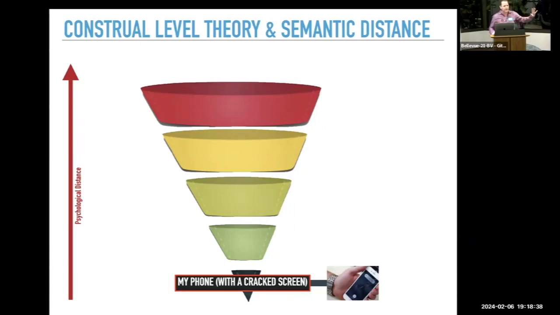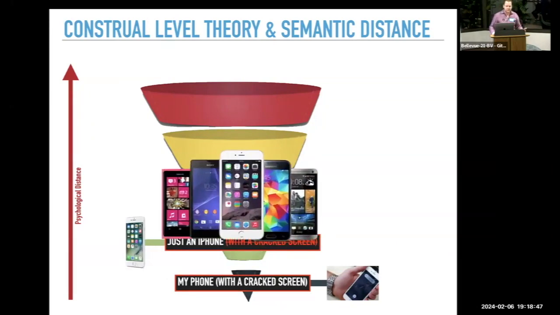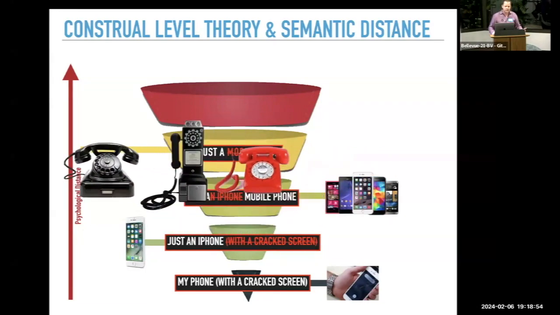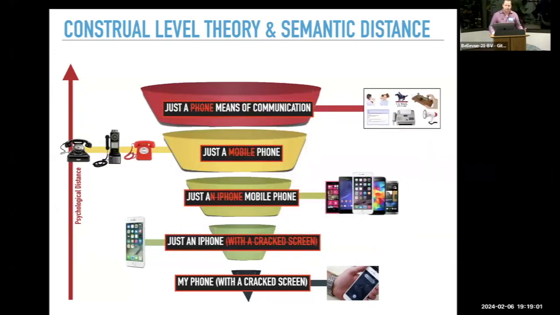But if I remove that in time or space or put it across the room, I might tend to think of it as just another category of iPhone. Take another step back, it's really just a mobile device more generally. See where this is going. And insofar as that, it's actually just another type of phone, really. And if I take another step back, I can just think of it broadly as a device for communication. So I keep abstracting away as the representation gets further and further.